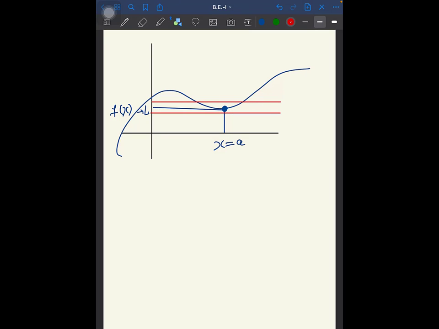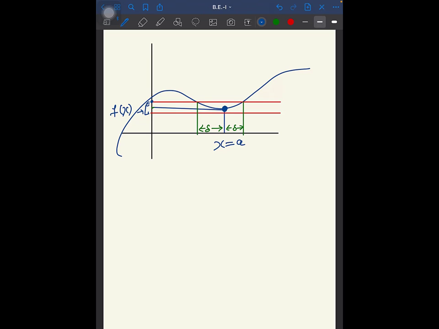Now if you take the corresponding interval, let's say this and this, you will come to know that all the values between this delta and here delta, these are the epsilon lines, right?